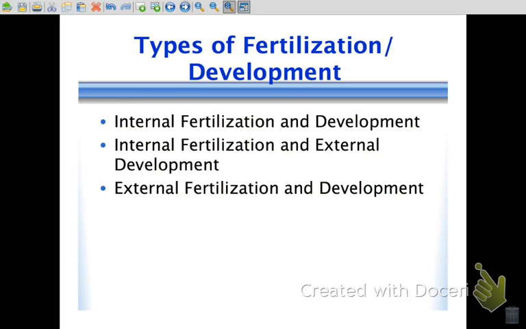I had a student that asked, is there ever a time where it's external fertilization and internal development? And the answer is, in nature, no. However, if a human needs that reproductive assistance, it does occur. So IVF, in vitro fertilization, is where they extract the egg and fertilize it outside in a laboratory with the sperm.